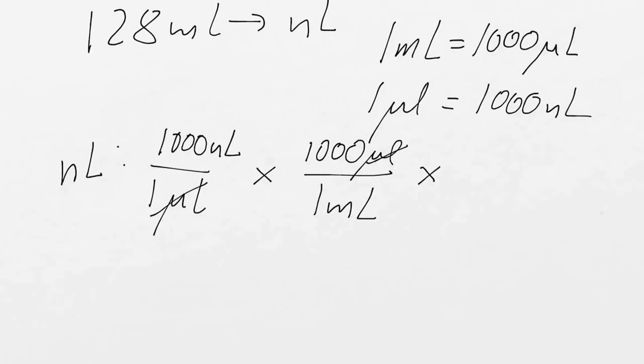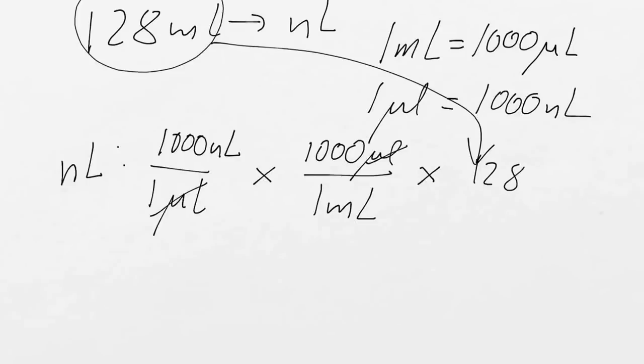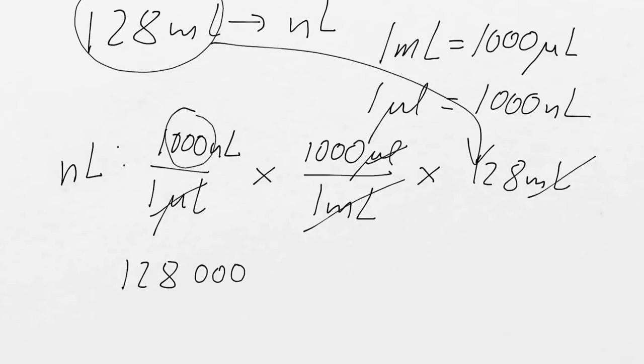So, in order to get rid of the milliliter, I know that we've got 1,000, do I have milliliter anywhere? Yes, I've got what's given here. So I put that in here, and I have 128 milliliter. And what I see is the milliliters cancel out again. So I have 128,000, that's this one here, 1,000 nanoliter.